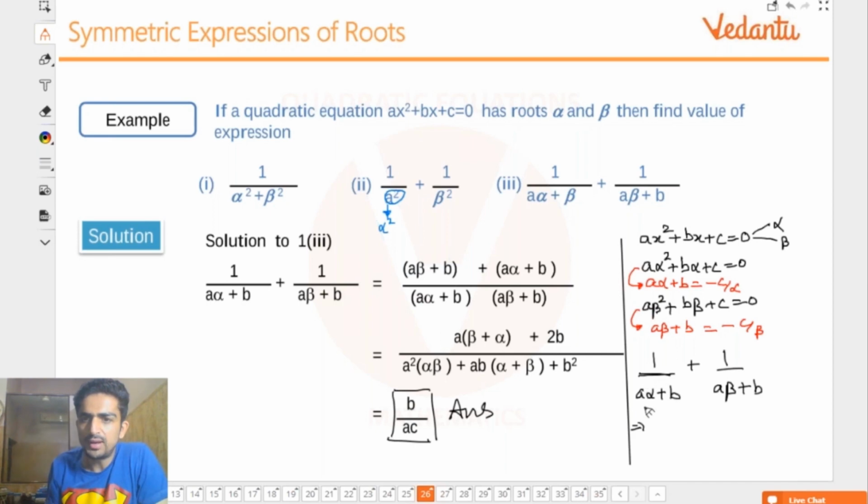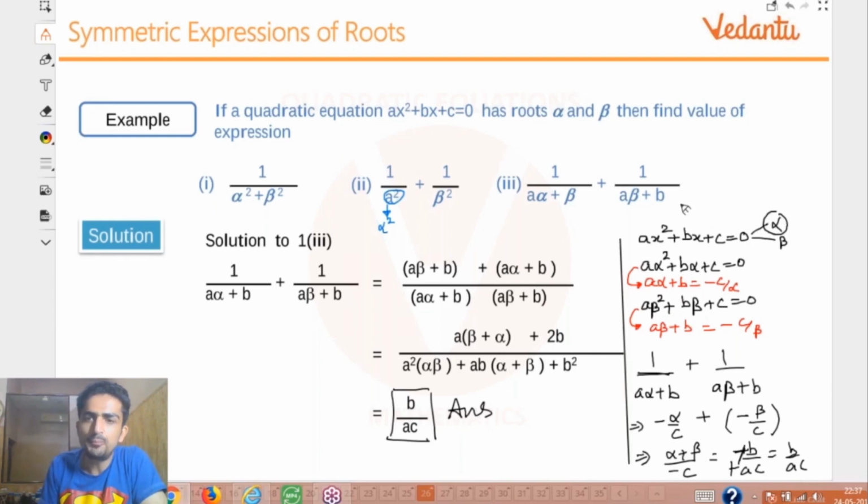So when I substitute minus c by alpha here, it becomes minus alpha by c. And here it becomes minus beta by c. So it is nothing but alpha plus beta by minus c. We know the value of alpha plus beta. So finally, answer is b by ac.